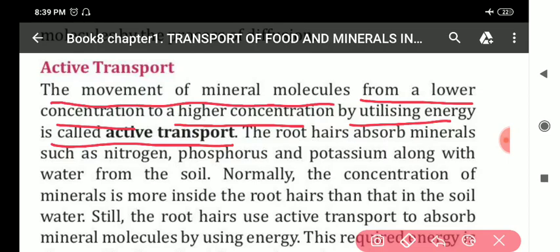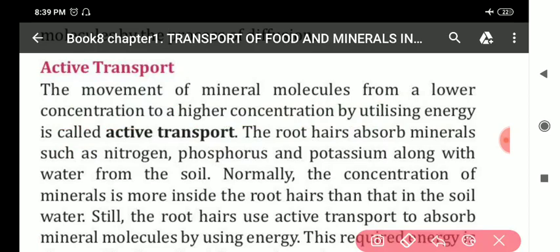So, in active transport, energy is required and the molecules move from lower concentration to higher concentration. There are many minerals absorbed by this process, my dear students, like nitrogen, phosphorus and potassium. Clear? That is known as active transport.